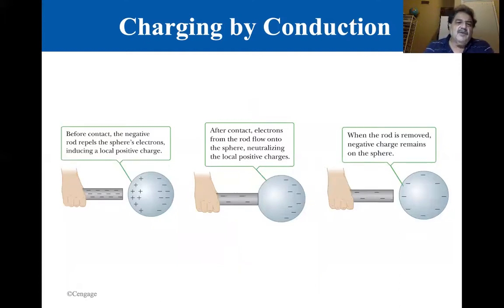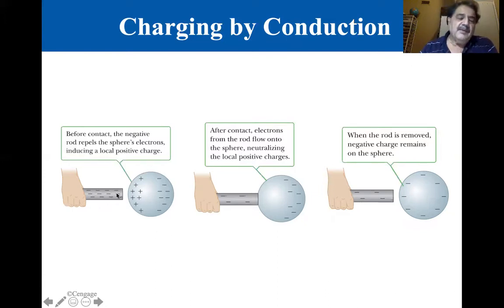If you were to count the number of charges on the blue ball, you would see that there's an equal amount of positive charges and negative charges. Now, before contact, the negative rod repels the sphere's electrons, inducing a local positive charge. So just bringing this negatively charged rod near, you can see that you have the pluses on this side and the minuses on this side.